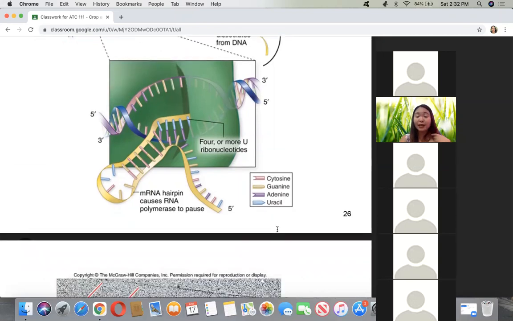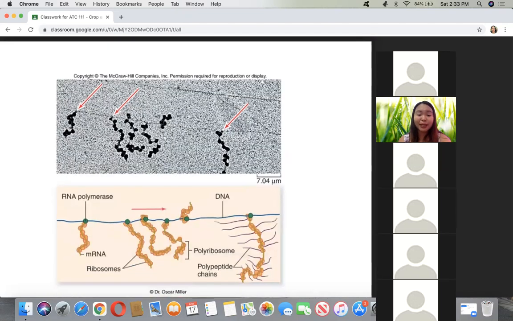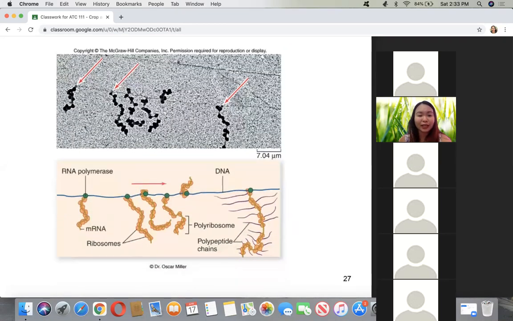So hopefully, before you leave this, or before kayo makapasa ni test, you should know the 4 bases of genetic, no, or the central dogma. Etong from DNA transcription to RNA, and RNA translated to protein with the 4 bases or nucleotides. So kahit man lang maalala nyo yan.